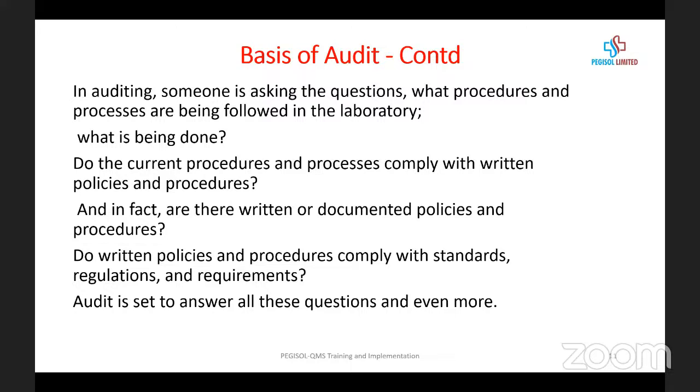And in fact, are there written or documented policies and procedure? For example, you send a sample to a particular lab, a particular organization. Now, the auditor can ask, where is the policy showing the procedure for referring this sample to that lab?